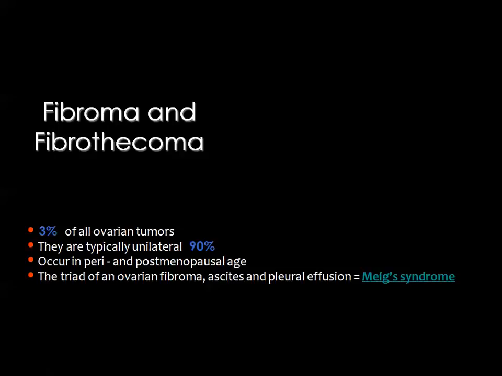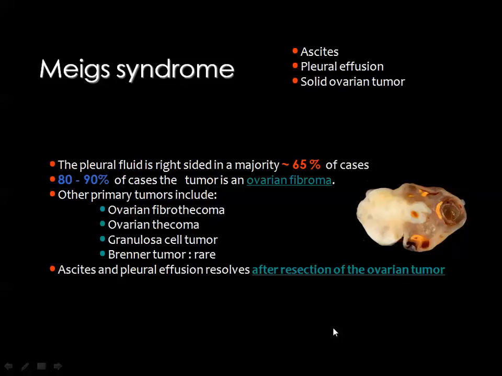Then we came to another lesion, which is fibroma or the fibrothecoma. These lesions represent about 3% of all ovarian tumors. They are usually unilateral in most of the cases, and the ovarian fibroma is famous with this syndrome, which is Meigs syndrome, formed of the triad, consisting of ovarian fibroma, ascites, and the pleural effusion.